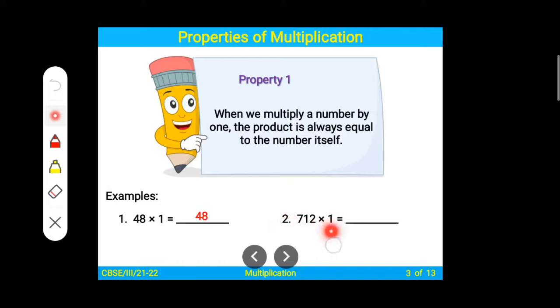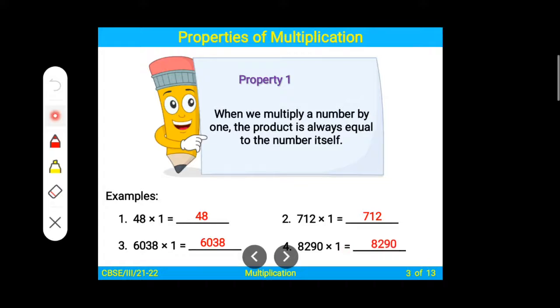So 712 multiplied by 1, the answer is 712. Third example, 6038 multiplied by 1, the answer will be the same. Fourth example, 8290 multiplied by 1 equals 8290.